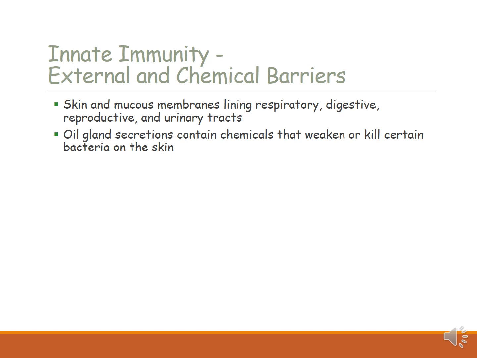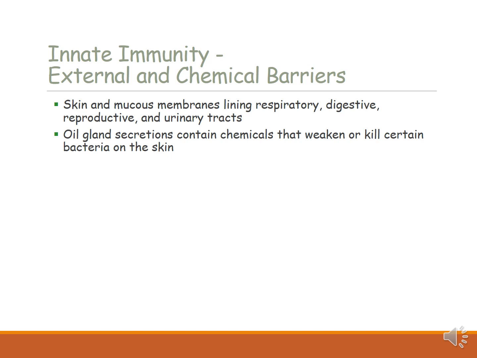So our body has external and chemical barriers that are intended to fight off infection. Our skin, that is our outer protective barrier. Our skin releases sweat, which has antimicrobial agents. We have mucous membranes that act as a barrier. That's in our respiratory, digestive, reproductive, and urinary tracts. Our oil glands secrete chemicals that can weaken or kill bacteria that's found on our skin.